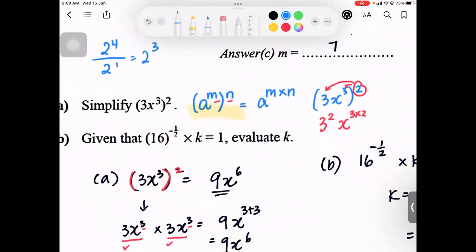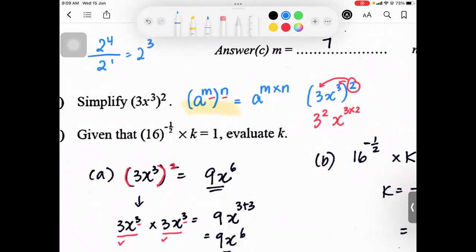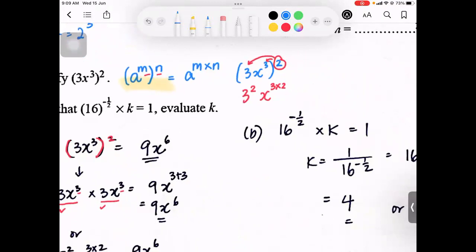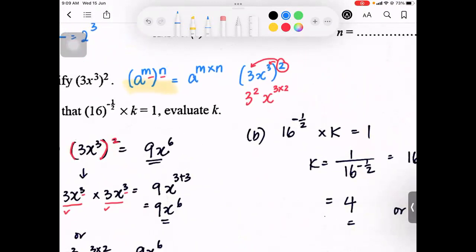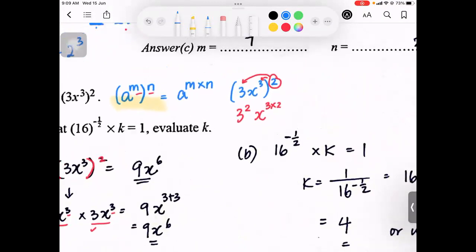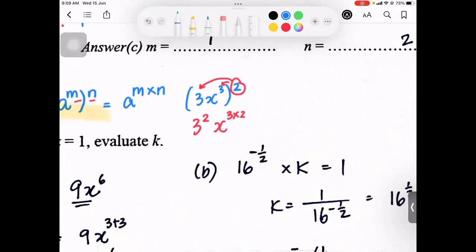Next question, given that 16 to the power of negative half times k equals 1. Now, first thing to take note, what is a to the power of negative 1? A to the power negative 1 is the reciprocal, meaning 1 over a, 1 divided by something.